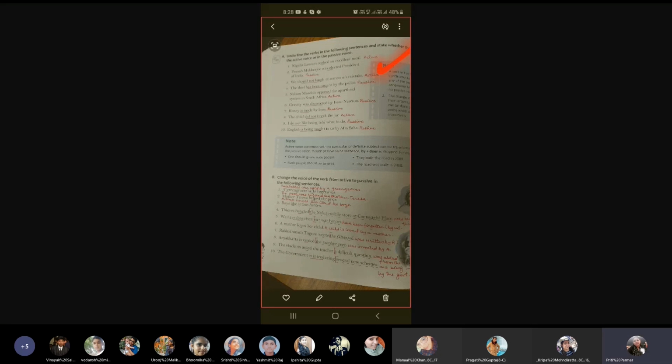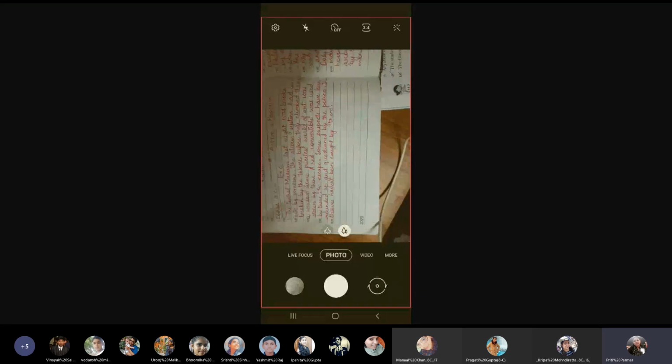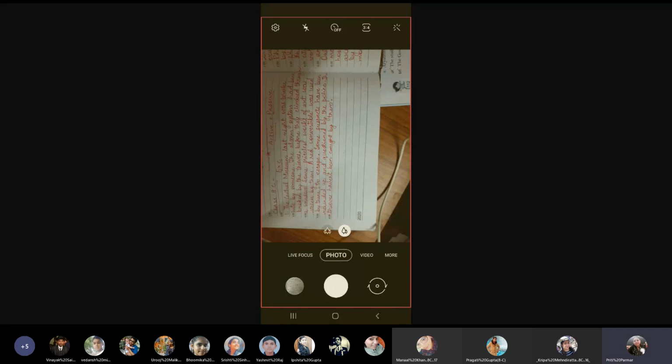Now the C exercise, though it doesn't usually come in the exam, because we don't usually give a huge amount of sentences to be put together. But just for your knowledge, I'm trying to show you this part. I'm clicking a photograph. This is the first sentence.